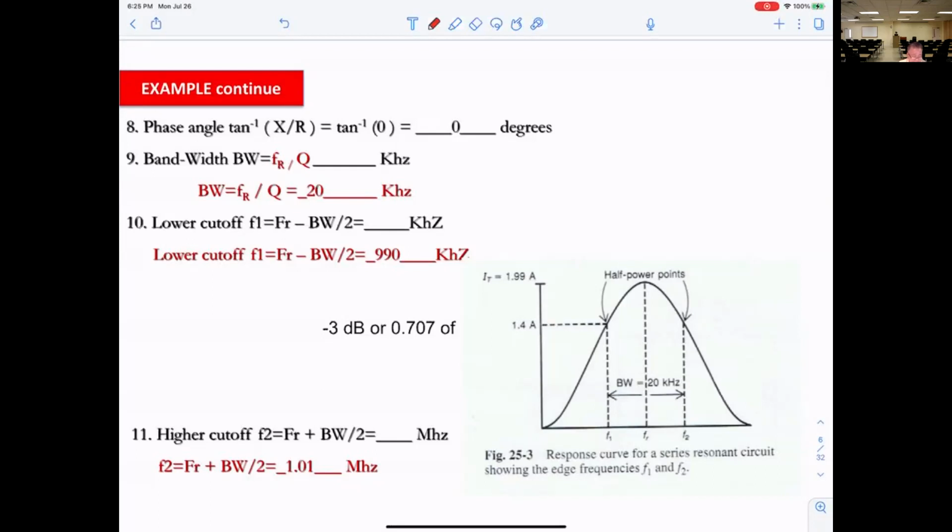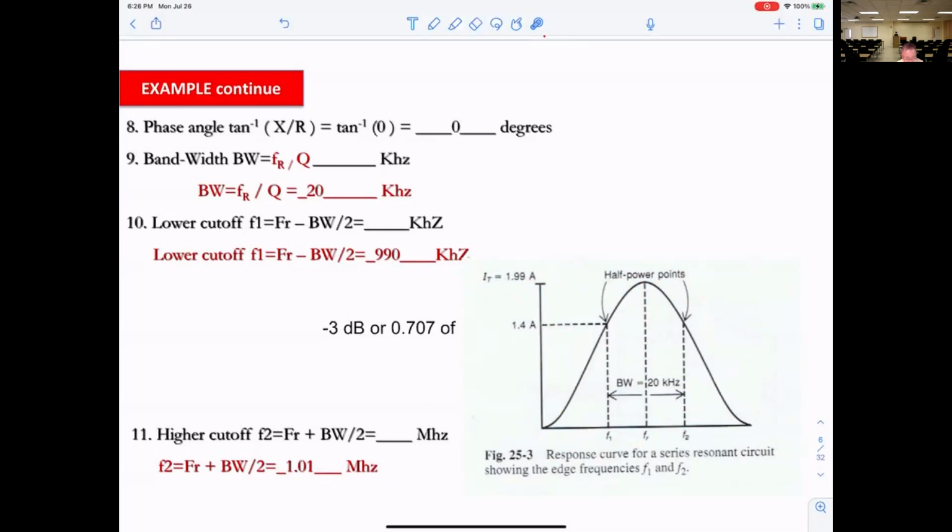Now, if you're looking at the display right here, for the current I at the resonance right here, 1 megahertz, the bandwidth will be calculated from minus 3 dB.